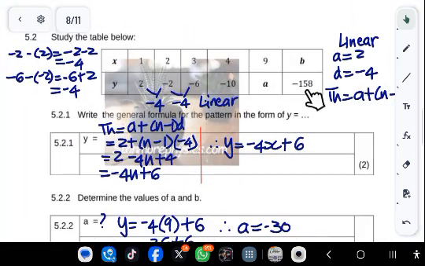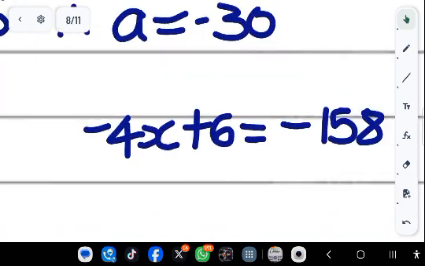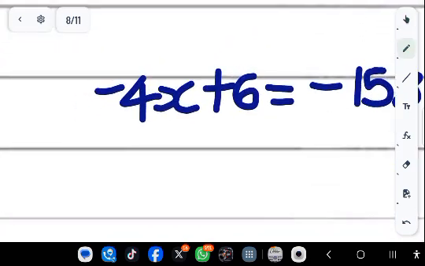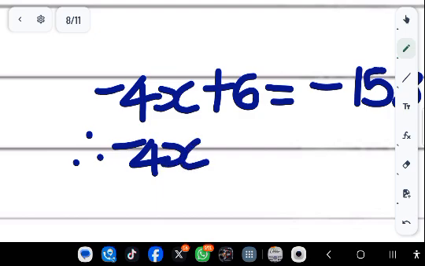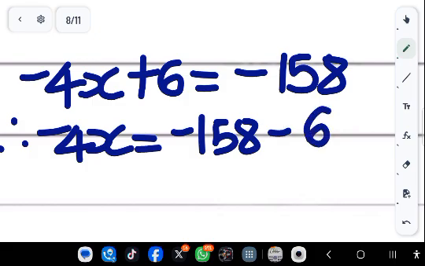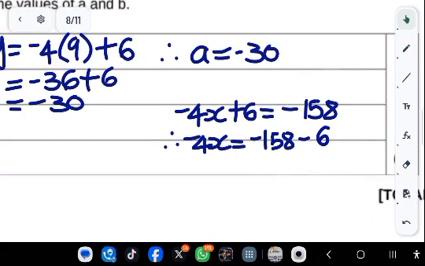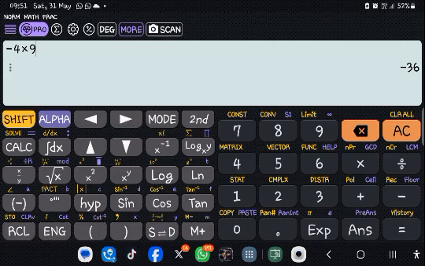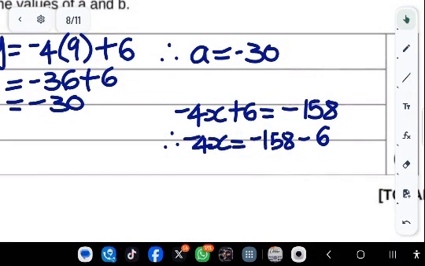What is the value of x that gives us negative 158? So we take everything that is not x to the right hand side, minus 158. That changes into minus 6, very important. Negative 158 minus 6 gives us negative 164.